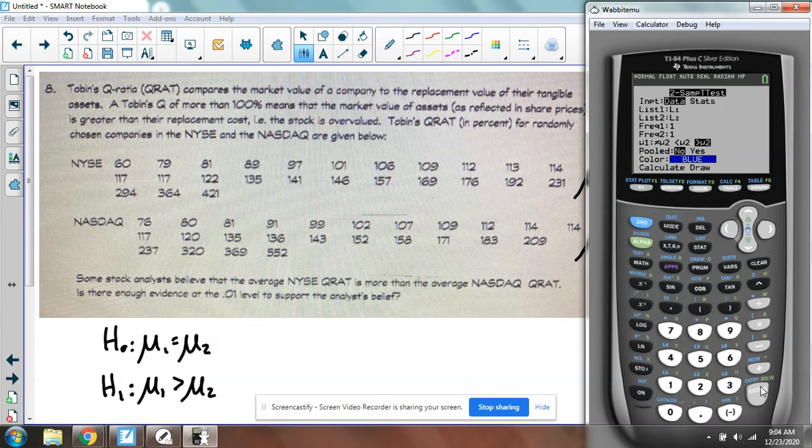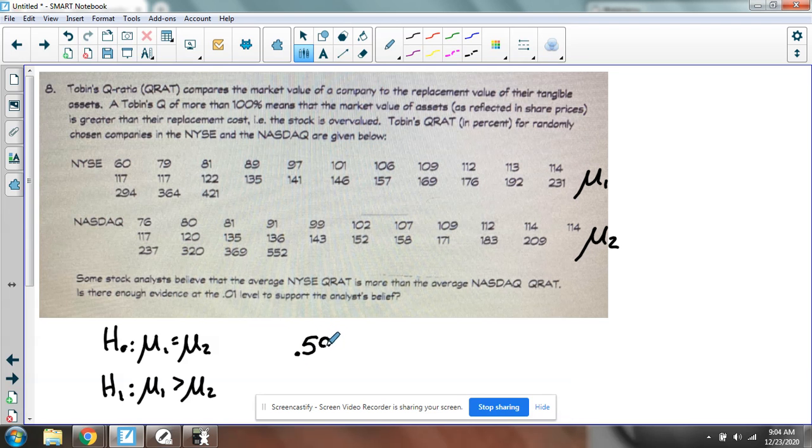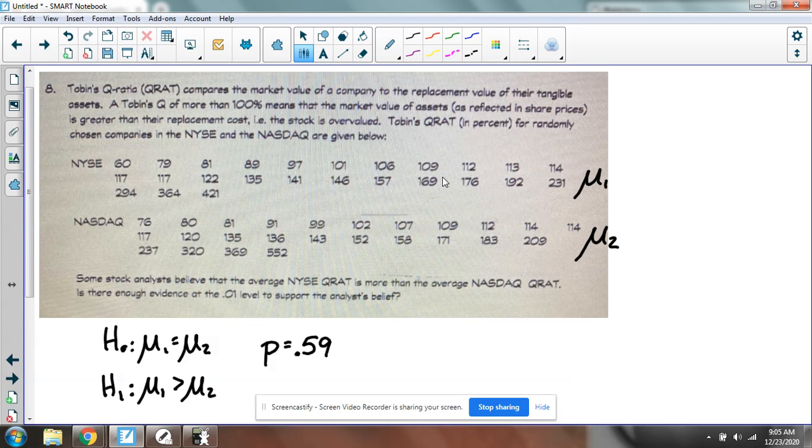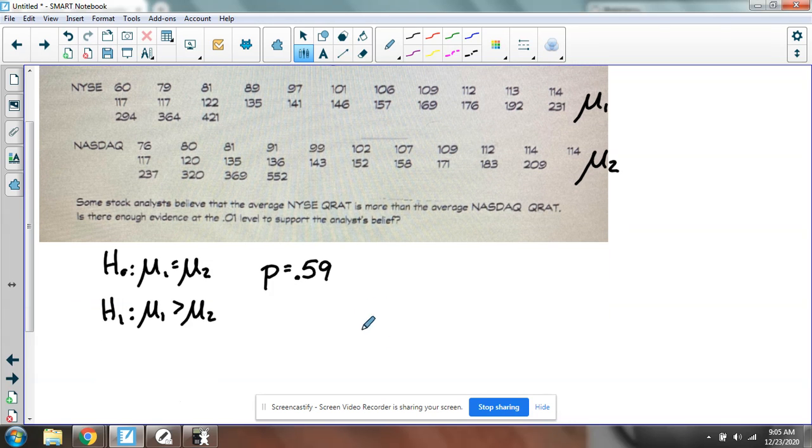Pooled, no. We're going to hit calculate. So I get a p-value of 0.5888 or 0.59. We double check to make sure those numbers are correct. I'm pretty sure they are. Two-sample t-test. Okay, so this is higher than alpha, so we fail to reject H0.